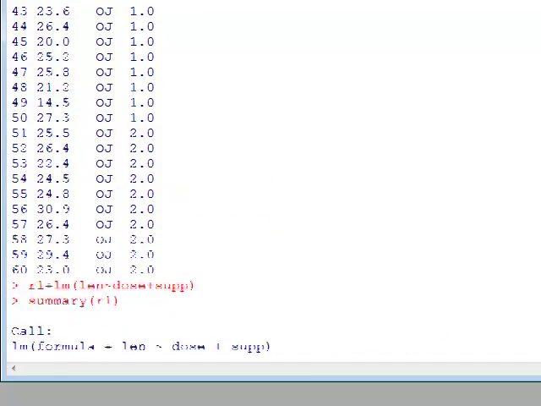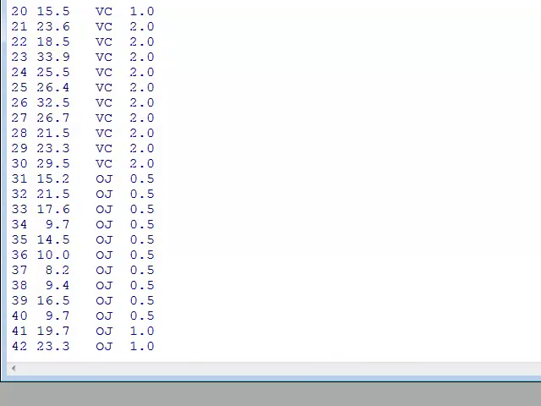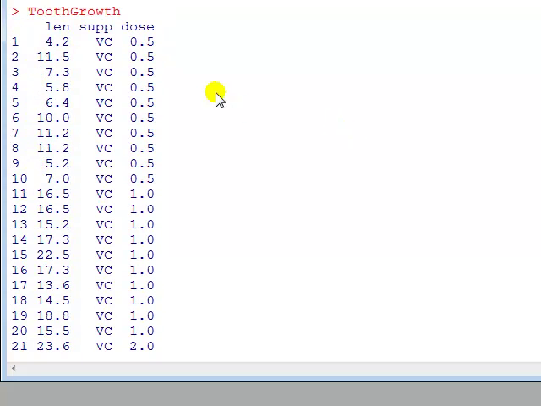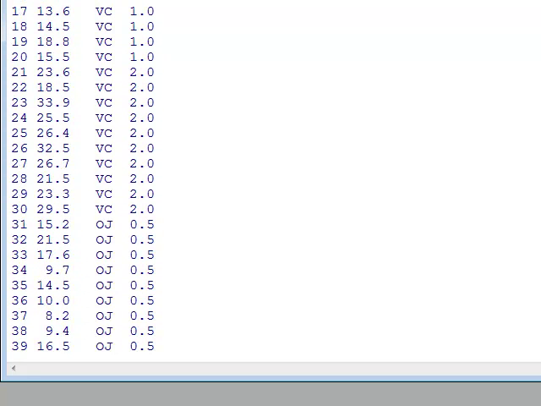Now, how do we set up a dummy variable for supplement, because at the moment it's not coded 0 or 1? Well, we can put supplement directly into our regression in R, because the nice thing about R is that as soon as it sees that we do not have numbers here, we have text, it treats it as categorical, or a factor in its terminology, and it will automatically generate dummy variables for you.